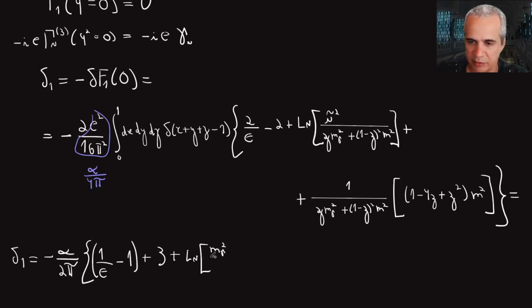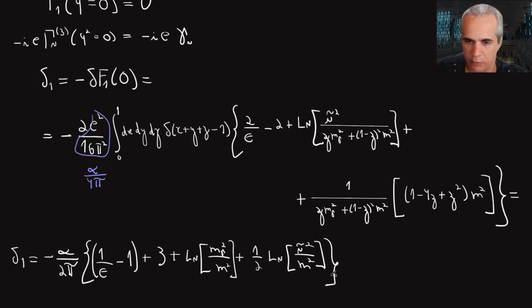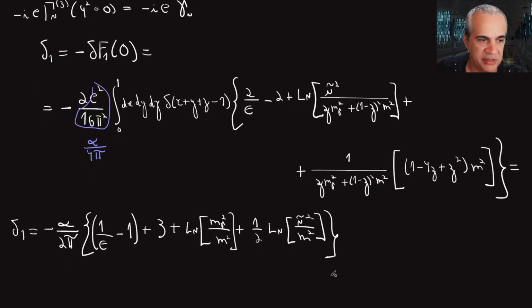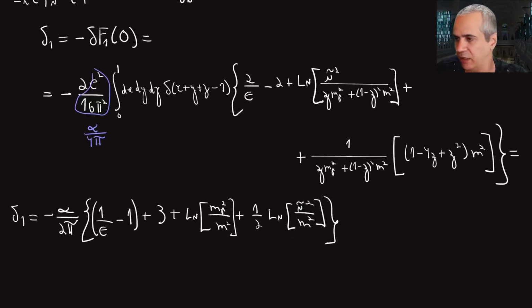It's just m gamma square over m square plus half of mu square over m square, right? Which is exactly equal to the delta 2 we calculated before, right? As expected by the Ward-Takahashi identities in the same limit, right?